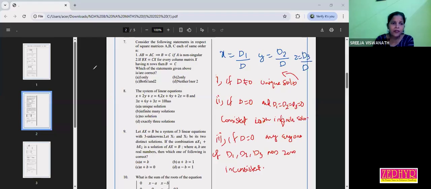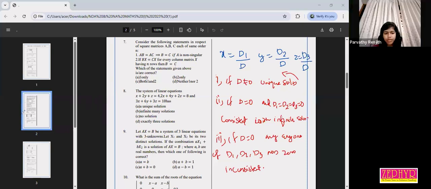It can also be applied for a 2 by 2 matrix. Is it clear? First you have to find D. Next D1, D2, D3. If D is non-zero, the system has a unique solution x, y, z. If D equals 0 and D1, D2, D3 are 0, it is consistent with infinitely many solutions. And the third case, inconsistent. Is it clear?